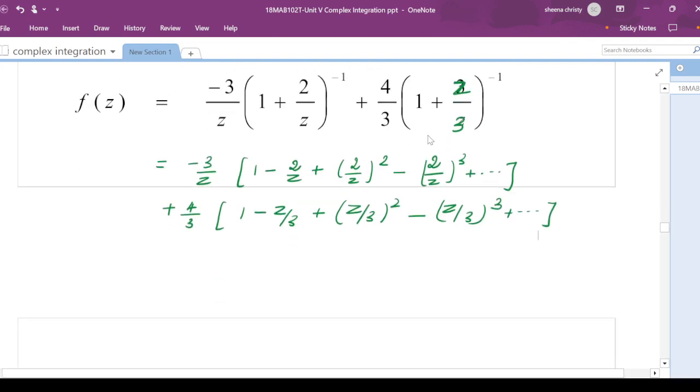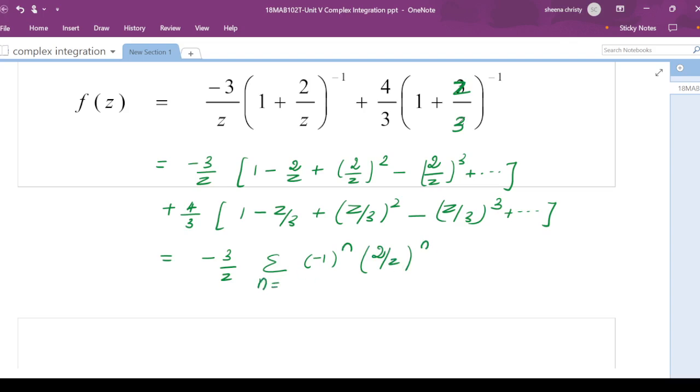Now by writing the generalized form, we are going to get this equal to minus 3 by z into the sum of, since alternate terms are positive and negative, you have to put minus 1 to the power n into 2 by z the whole power n. Here if you put n equal to 0, you will get the first term.